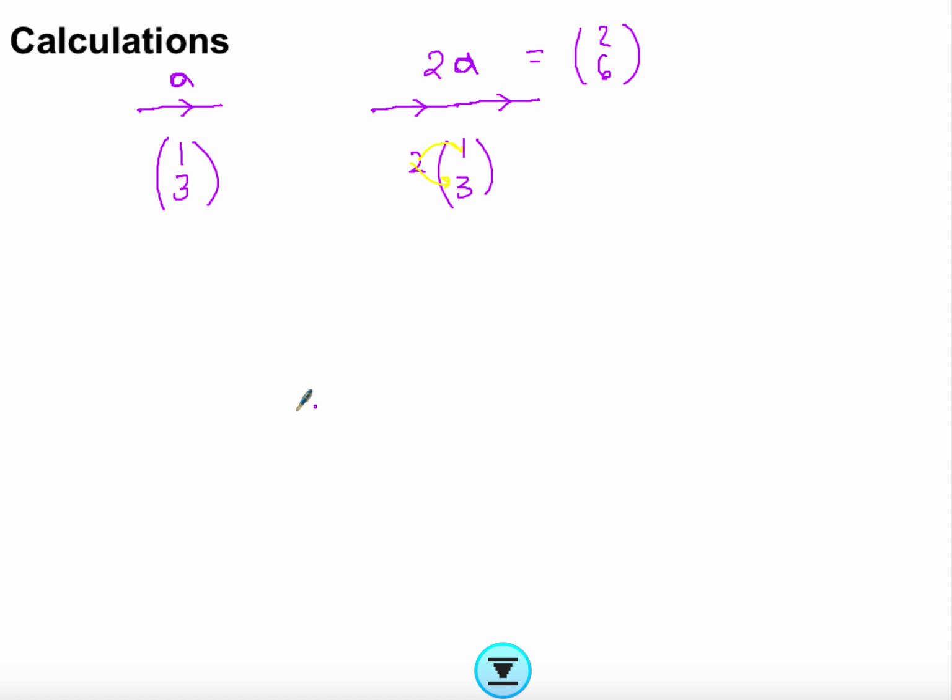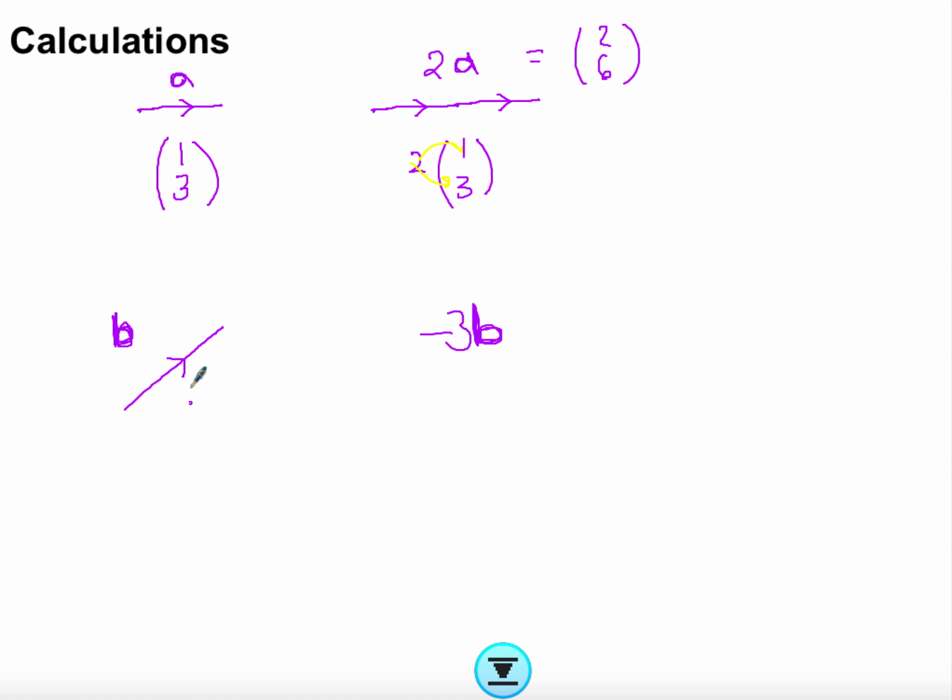And if you have, say, a negative scalar, so let's say this is my B vector, and I multiplied by a negative 3B.